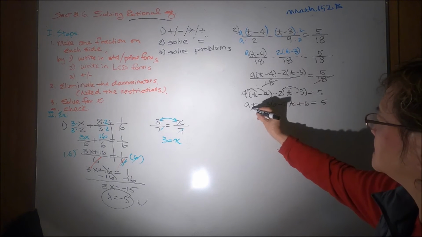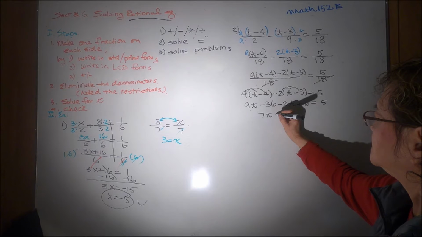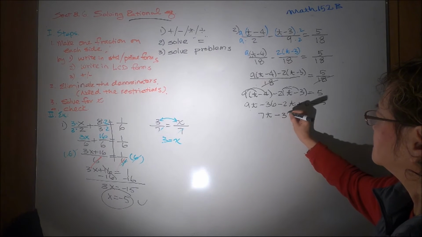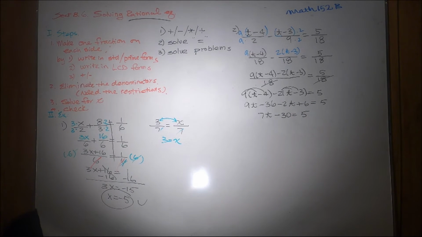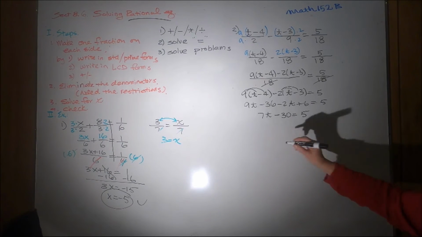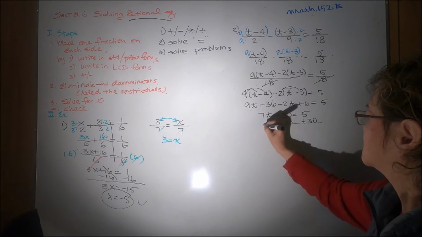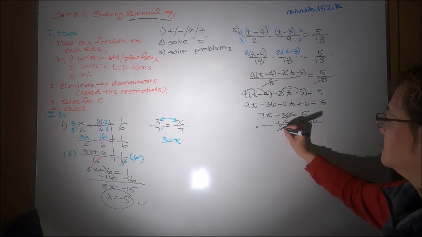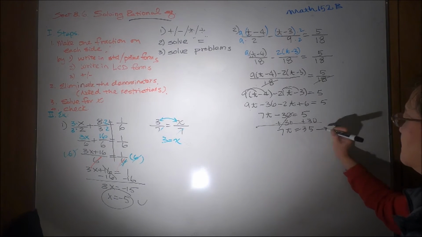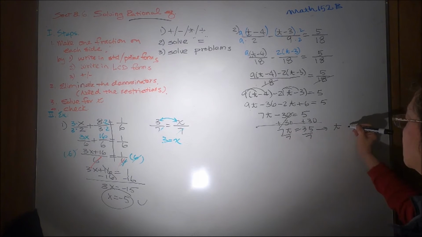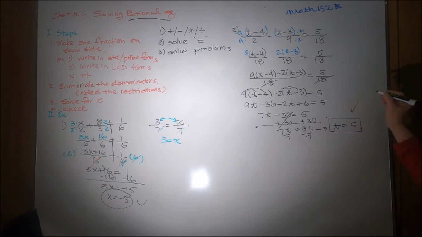So 9t minus 36 minus 2t plus 6... then 9 minus 70 minus 30 equals 5. Then it's a linear equation, you know how to solve it. Then 7t equals 35, so divided by 7, your t is 5. Then you check.